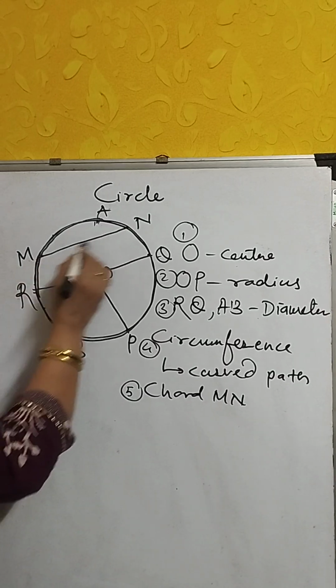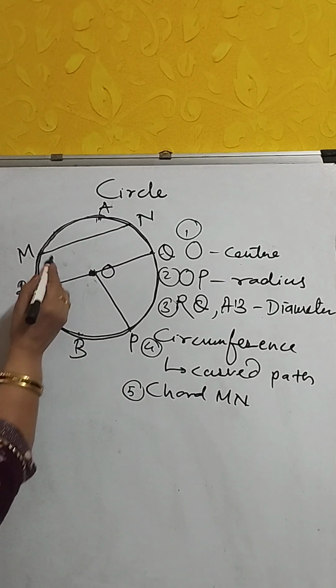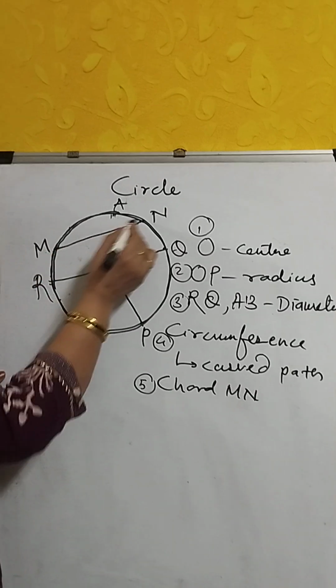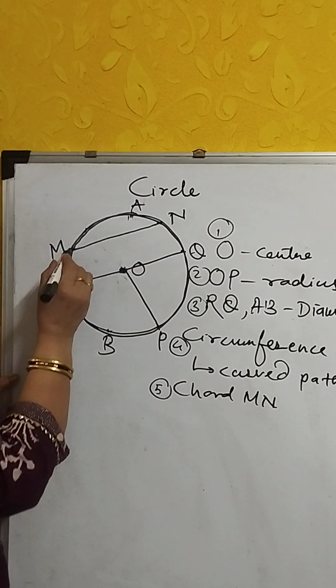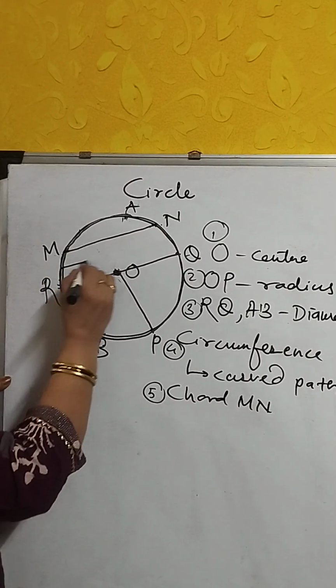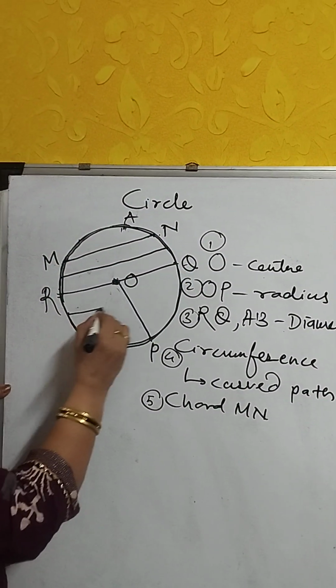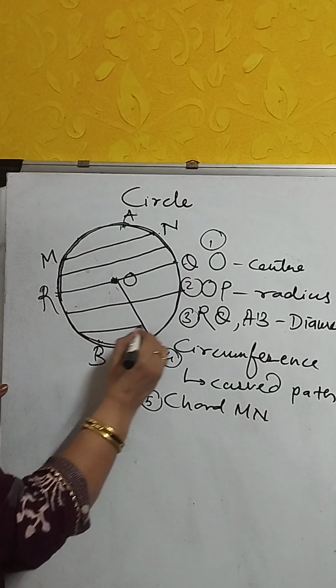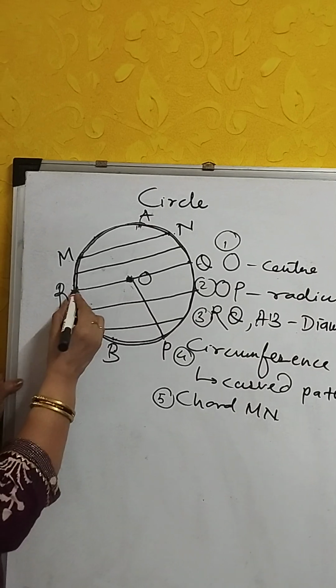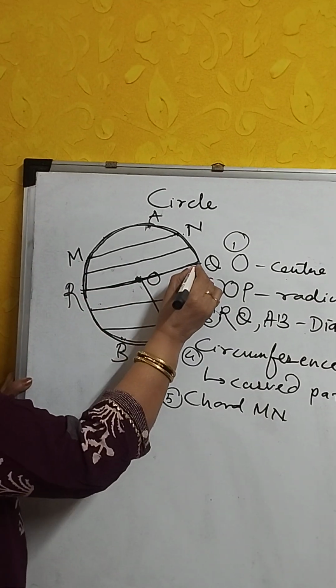Okay. What do you mean by chord? Chord means the segment whose endpoints are on the circle. And these endpoints are on the circle, so MN is a chord. One more chord I can draw. Again here I can draw a chord. Again I can draw a chord. So in this way many chords I can draw. But diameter is the longest chord.